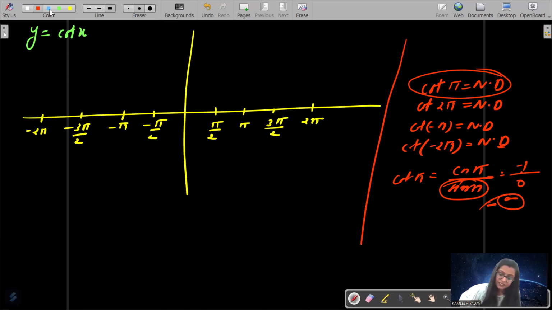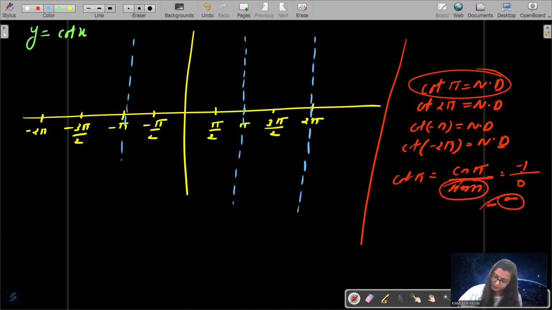Now we can draw the strip lines where cot x is not defined. So we draw the strip line here, then for 2 pi, again for minus pi and minus 2 pi. Okay.